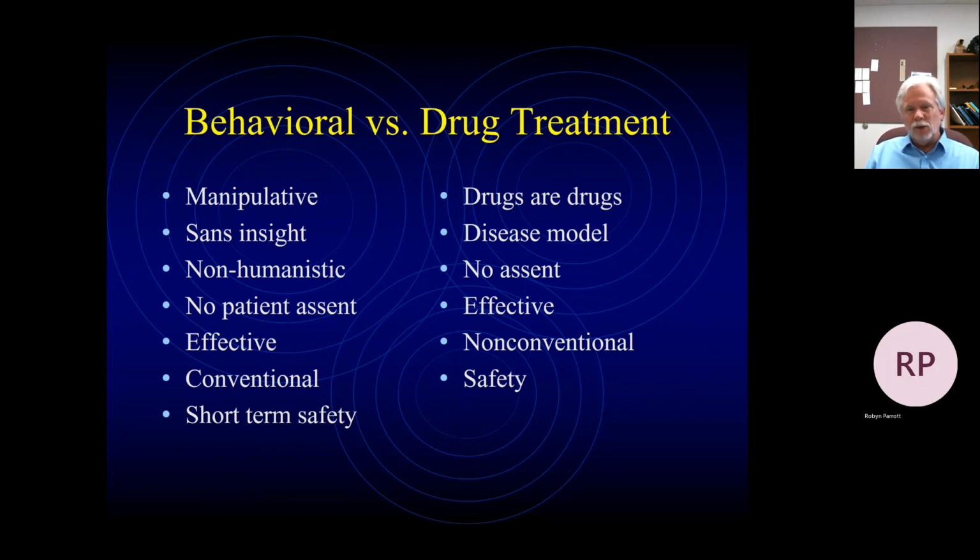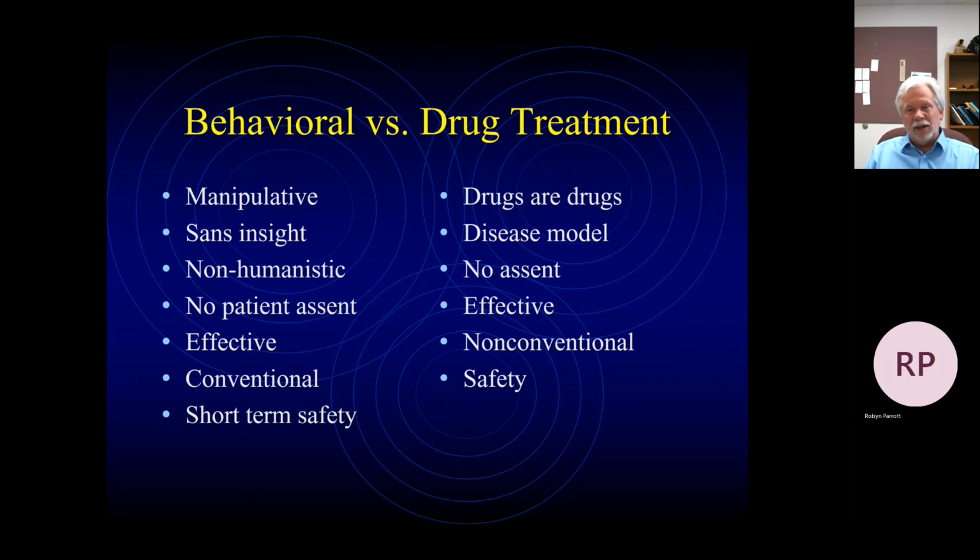So the downside with drugs is there's side effects, there's dangers. Instead of giving the message to the child that your sleep problems can be controlled within the family, we use a disease model. We don't ask the child for permission to give them a drug.